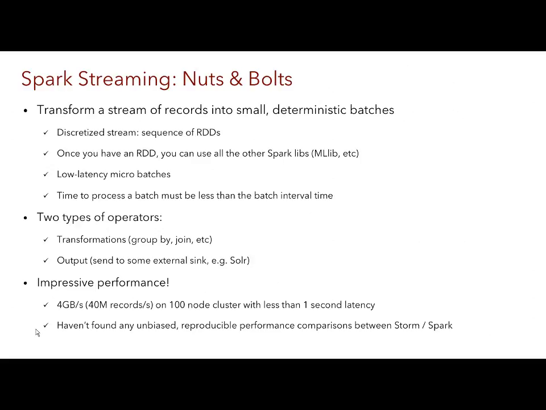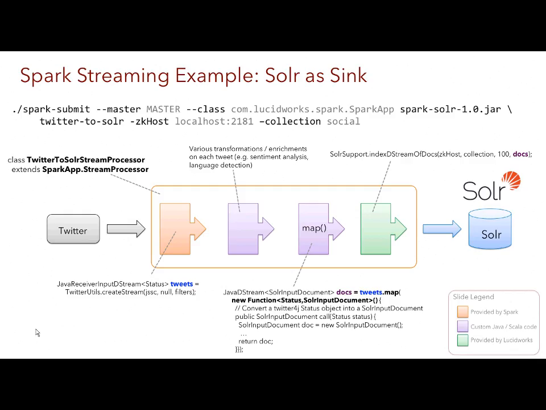So let's walk through a quick example. And again, this is the open source project I'll refer to at the end here, which has this built in, so you can kick the tires on this. And it shows quite a nice example of how to take data from Twitter and get it into Solr very quickly. And you can do various enrichments. But the idea here is that you actually have a job, right?